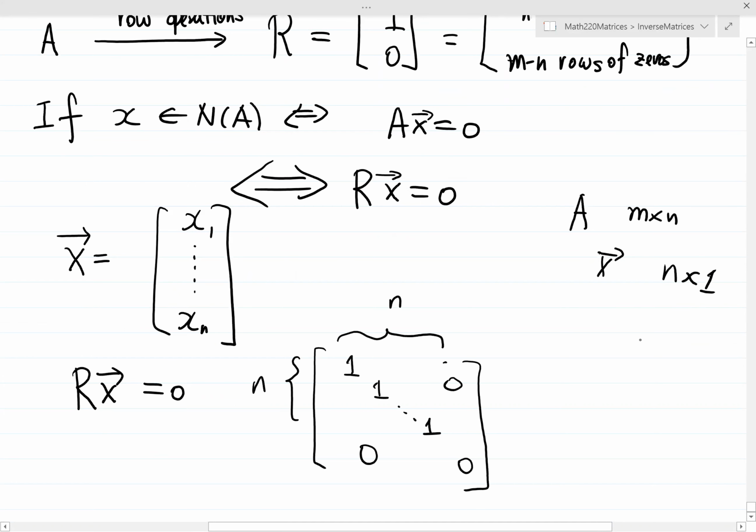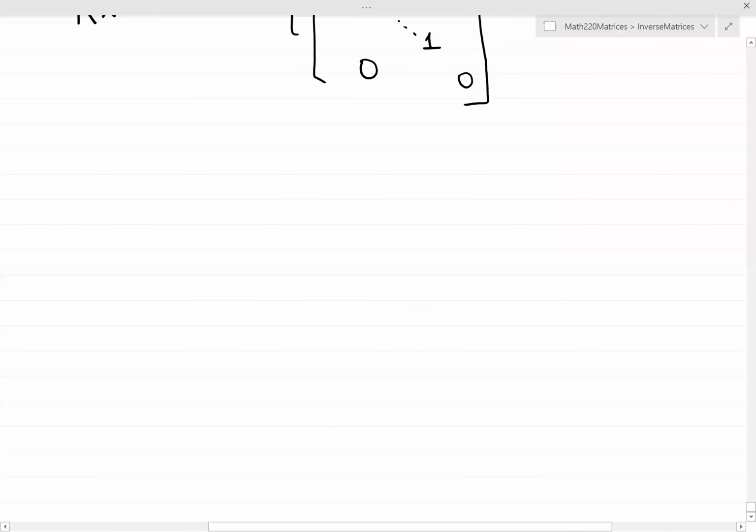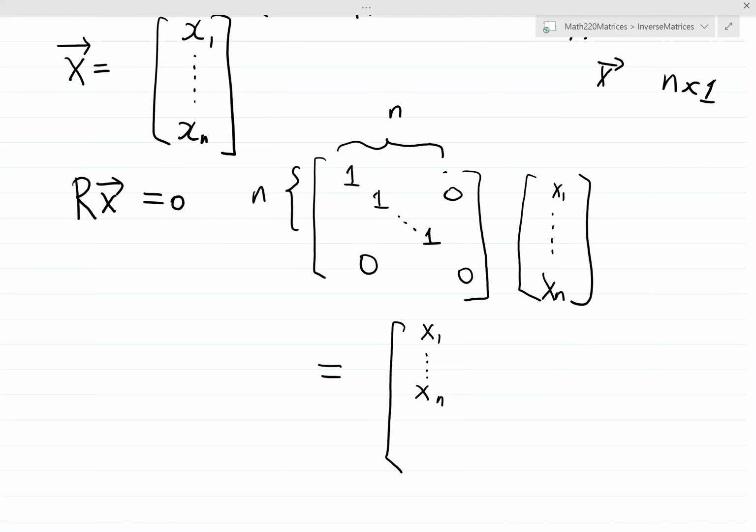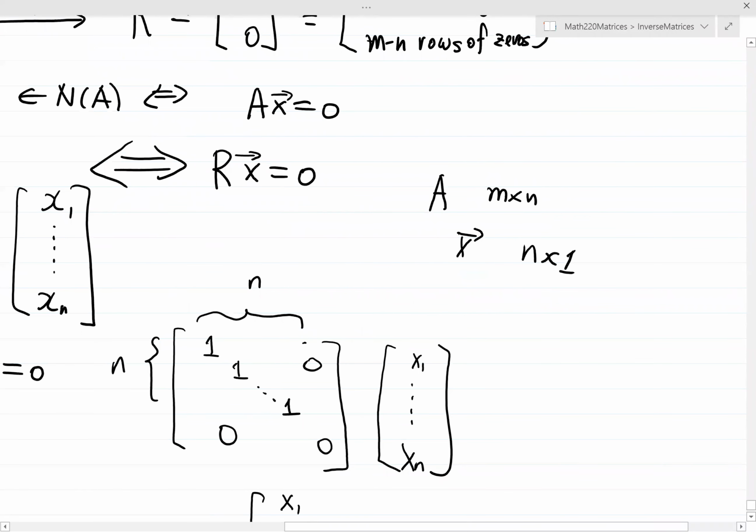Wait a second, did I make a mistake? We have m rows and n columns.